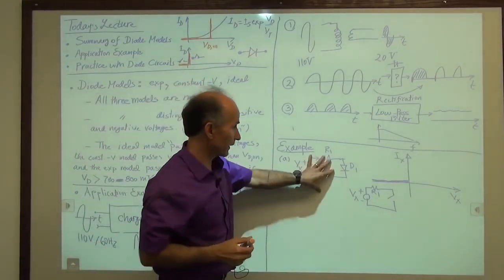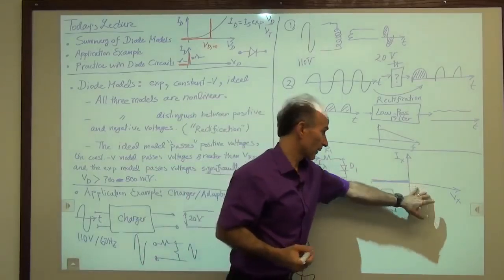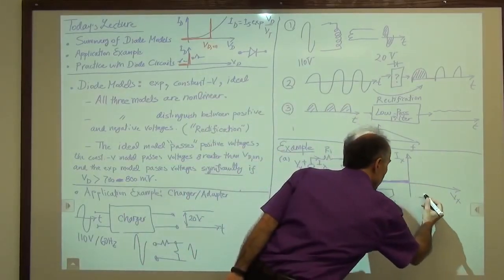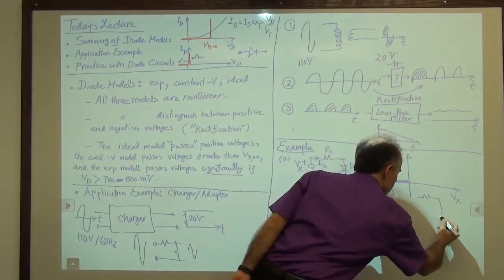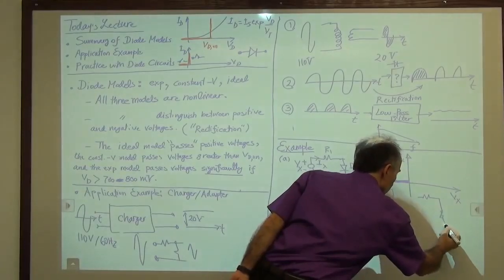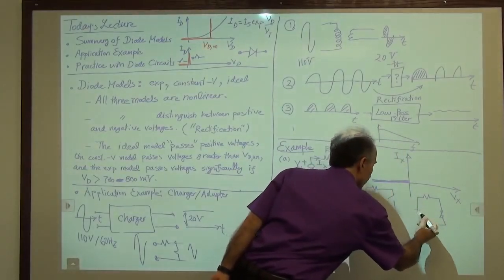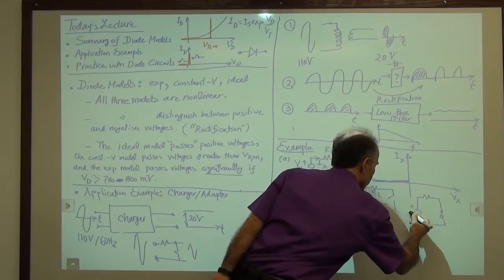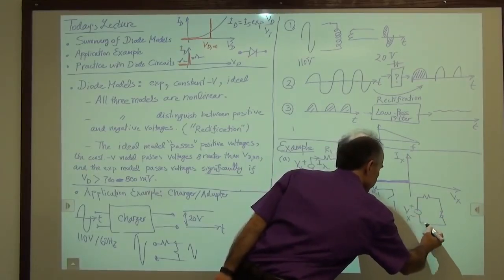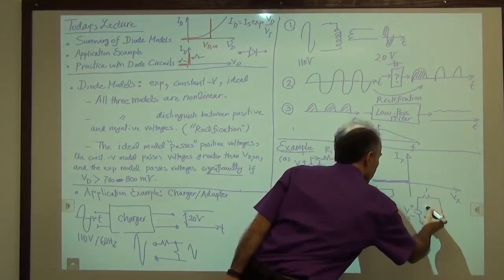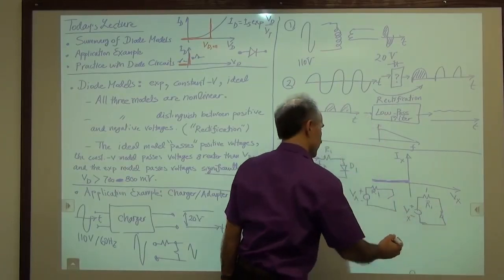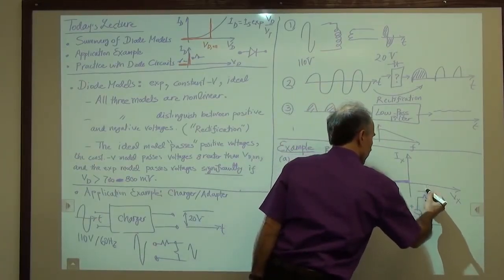So I will draw the circuit again in this region of operation. So here's a switch to represent a short circuit, and here's our input voltage Vx. And the current Ix is flowing this way.